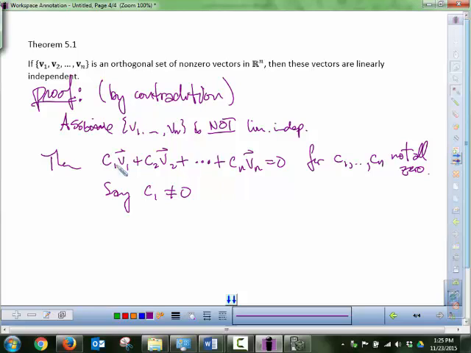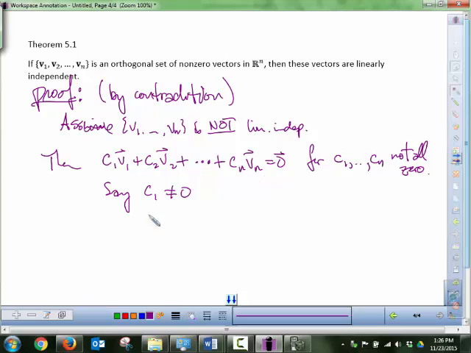So what I'm going to do is take this, this is a 0 vector, right? These are vectors, right? Well, I'm not taking the dot product yet. I'm taking a scalar times a vector plus a scalar times a vector, so the result is a vector.